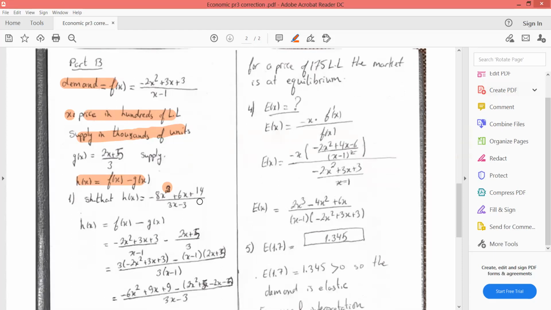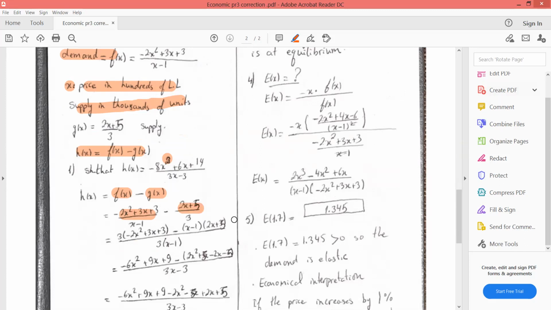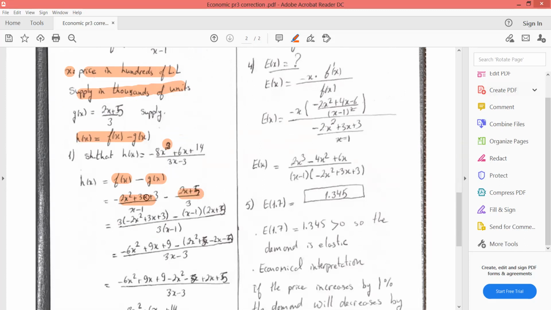Okay, hx equal fx minus gx. This is fx, this is gx. So we have to take the LCM. The LCM is 3 times x minus 1. Here there is x minus 1 and here 3.